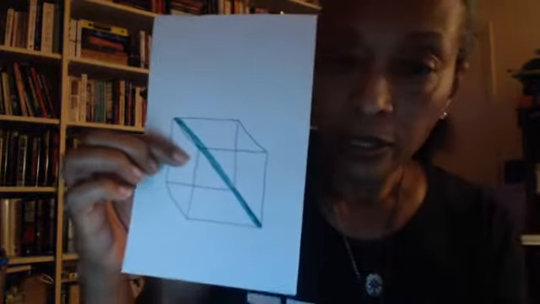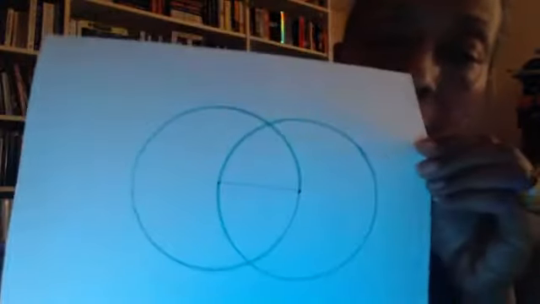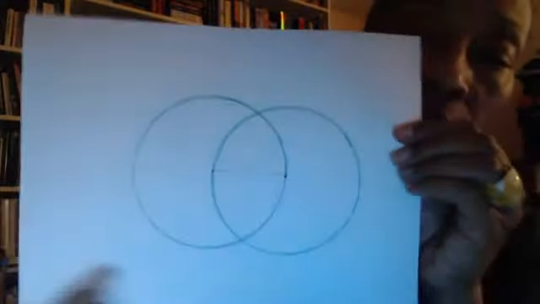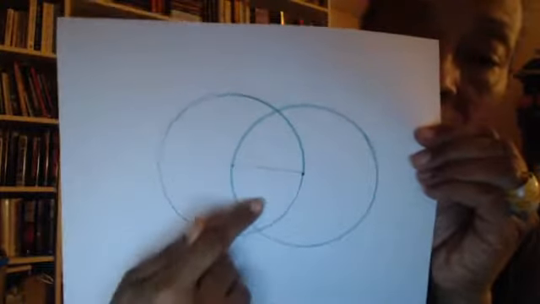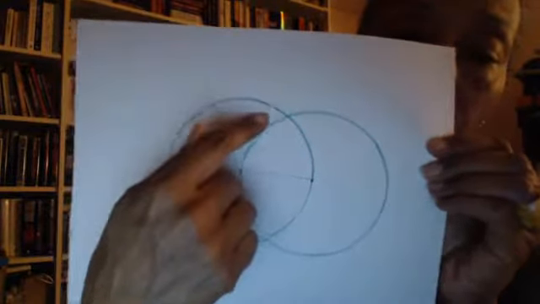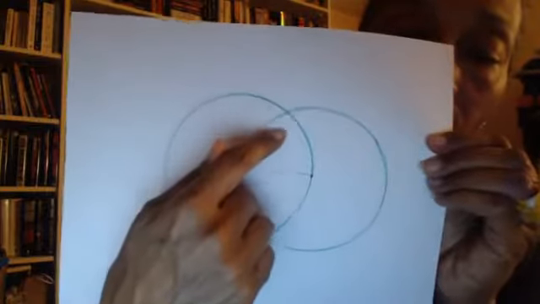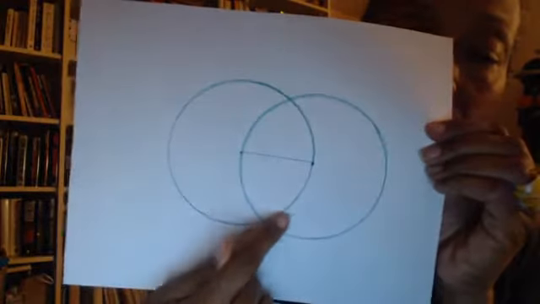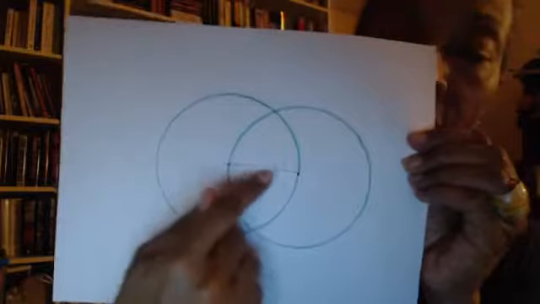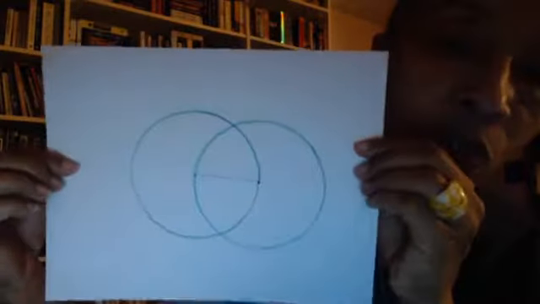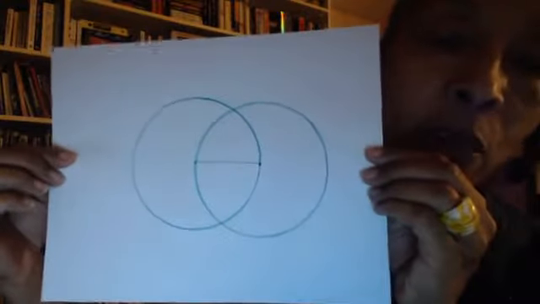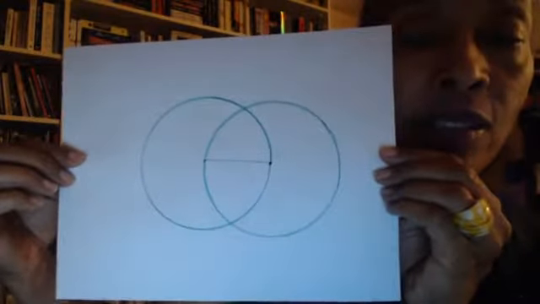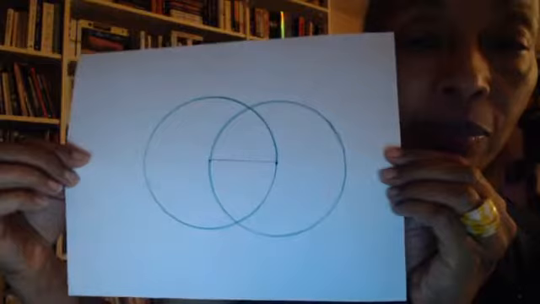Well, interestingly enough, the measurement of the ratio of this line right here, if I was to draw a line from the intersection of this point here down to here, the ratio of that is the square root of 3. So the Christ in sacred geometry terms is known as the square root of 3.